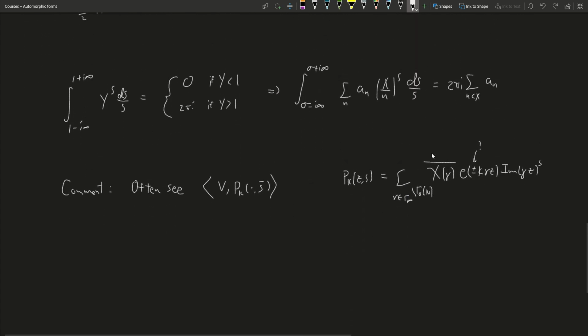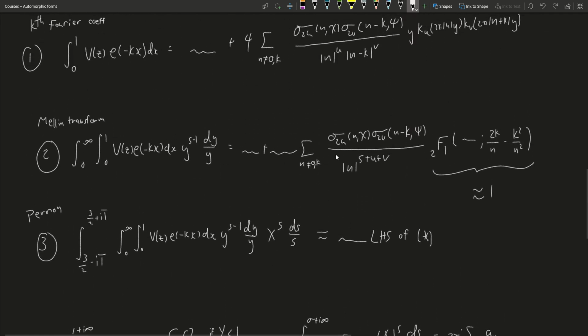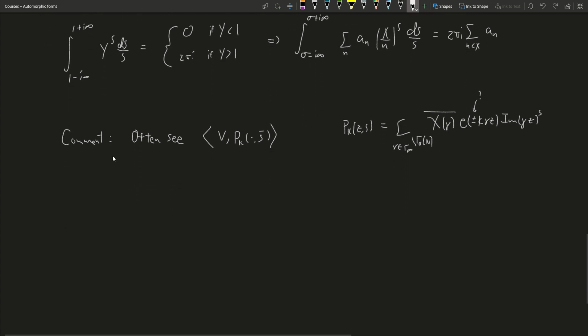But the problem is that when you go to step 2 of trying to take the inverse Mellin transform, so this is for step 1, and then step 2, step 2 involves this Mellin transform K 2 pi n y with, I don't know, maybe this is U K V 2 pi n plus K y, something like this.